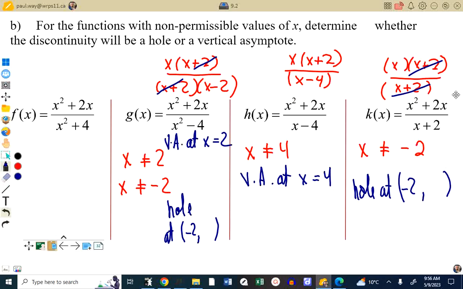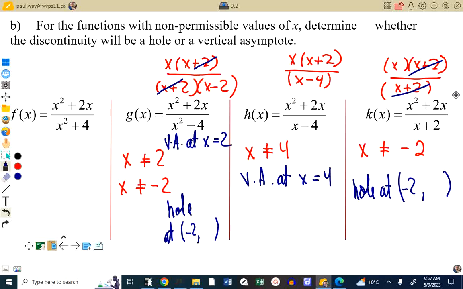Right? And we'll worry about the y coordinate. We could find the y coordinate now, but I think I'm asking you to find it in the next one. And I believe I've already kind of answered part of the rest of this question. Because this question, I just realized now, just simply said which are holes and which are asymptotes.